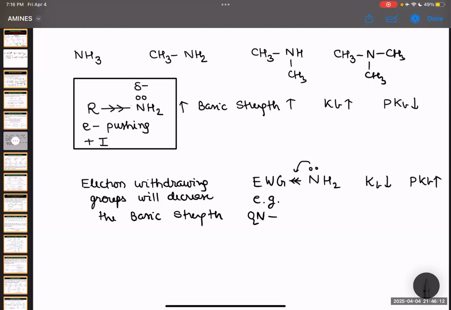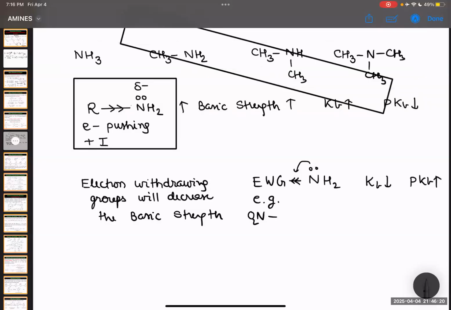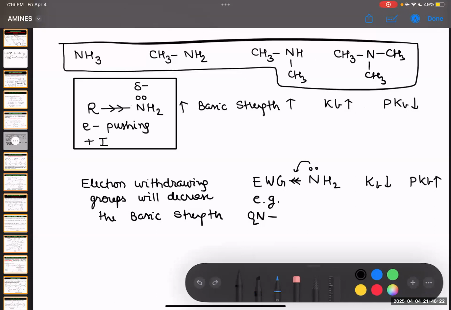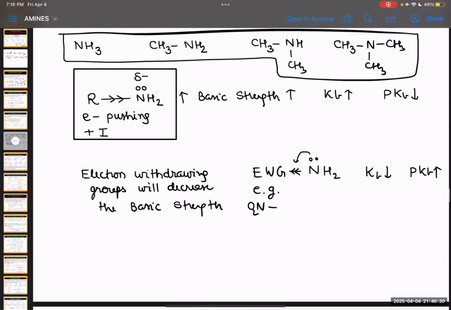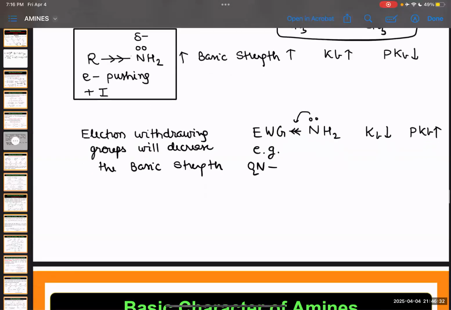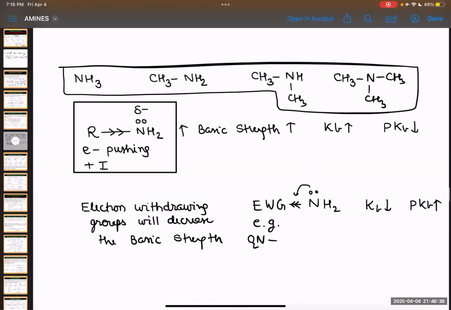Clear? And if I compare the basic strength of methylamines, what should be the order of their basic strength? So there are two answers to it. So be careful what has been asked, and accordingly you should give your answer. There are two answers.